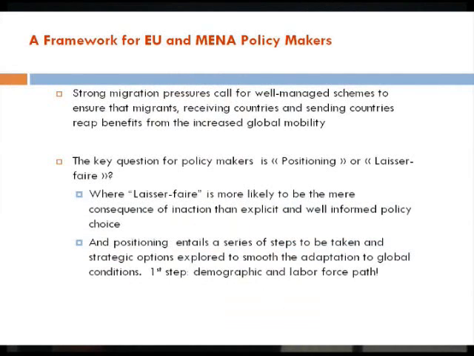The first step for each country is really to look at the demographic and labor force path, because what we have seen in the previous graphs is a snapshot of how the world would look in 2050. That does not mean at all that this is a gradual phenomenon. Depending on the age structure and the history of each country, this could happen gradually, or this could happen suddenly, and sometimes sooner rather than later. So it's very important for countries to do this analysis and see where they stand.